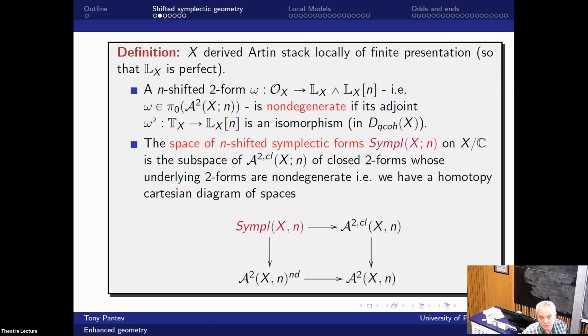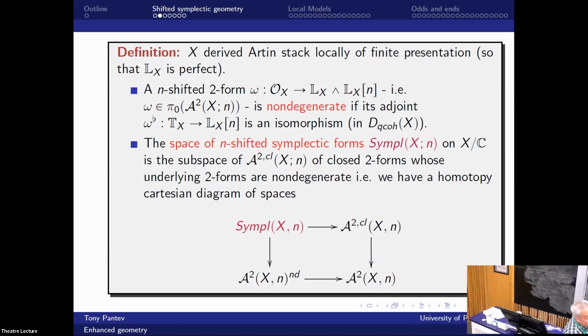And you want closedness to be a condition in the total complex of that double complex, which means that you need to lift your cochain in the naive second wedge power of the cotangent complex to a cocycle in the total complex of the double complex, and that's the closedness condition. And so n-shifted symplectic forms are guys that are non-degenerate in this sense and are also closed, equipped with a closing structure in the sense I just said.